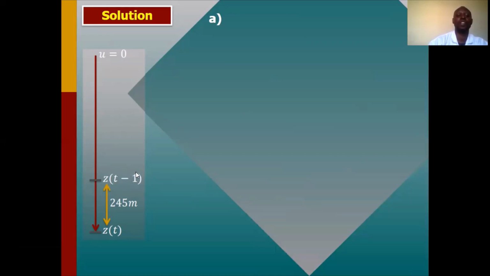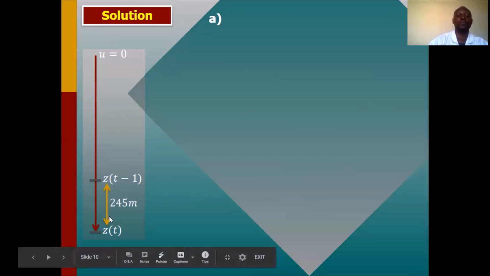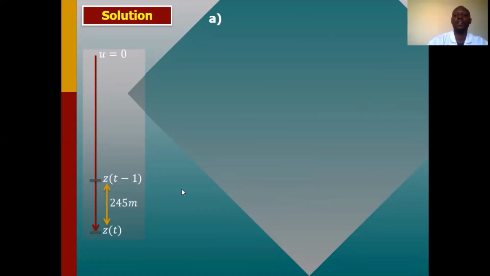This is the position of the projectile 1 second before reaching the ground. And the distance between the two is 245 meters, which is the distance moved by the projectile during the last second, from Z of t minus 1 to Z of t.